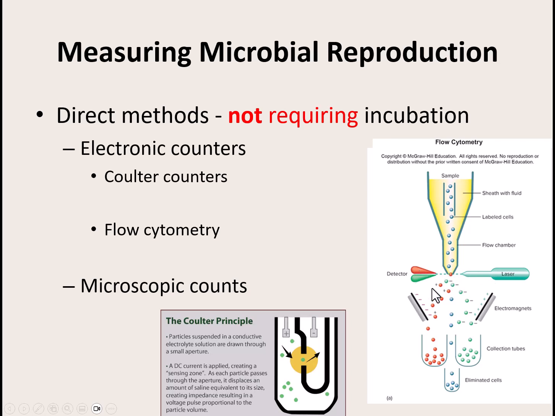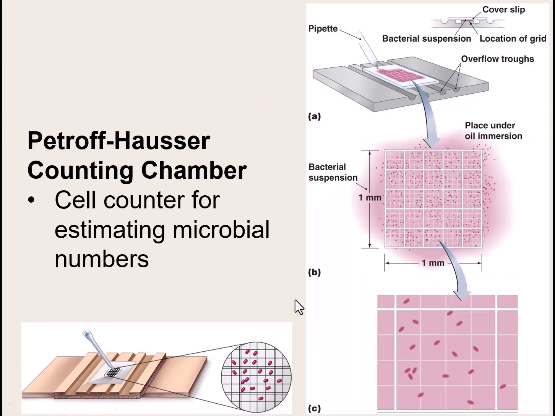We can also do microscopic counts. For the semester, we don't need to, but it's actually not that hard. There are some slides that you can purchase that have etched grids right on them, so we reuse these, we don't toss them. You can put a drop of broth on there, put a cover slip on there, and we know exactly how much fluid is between the slide and the cover slip.